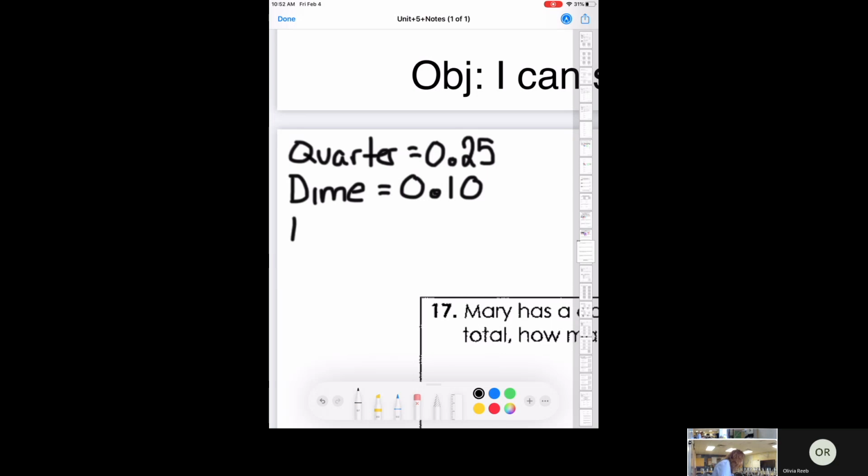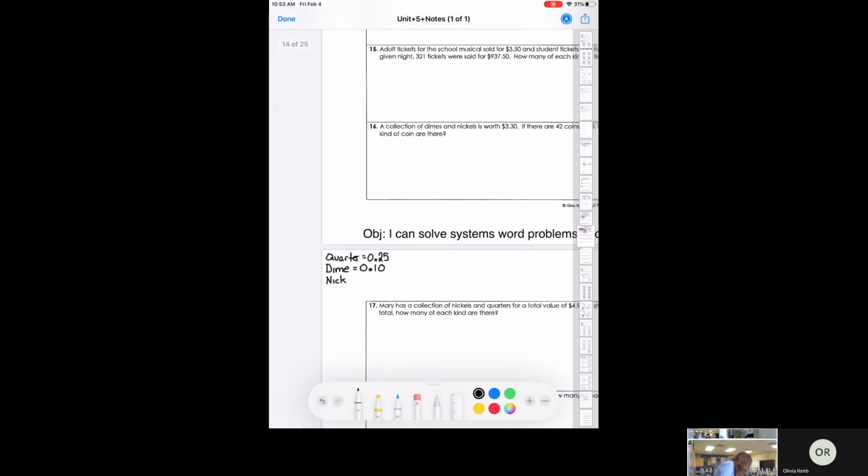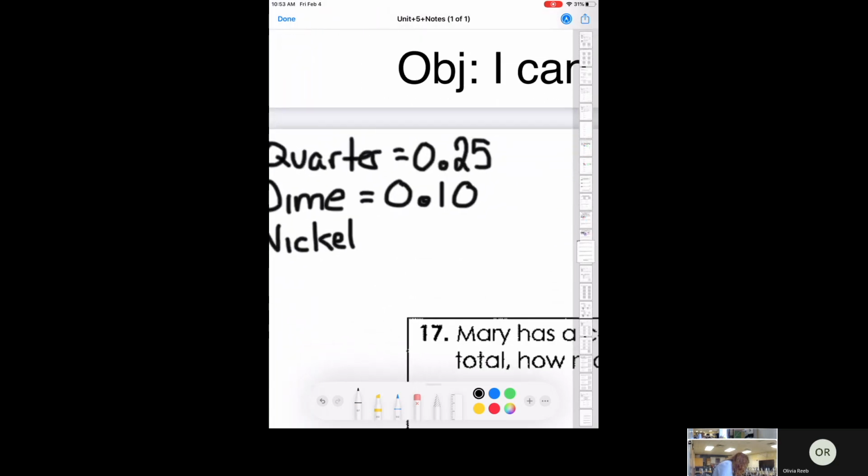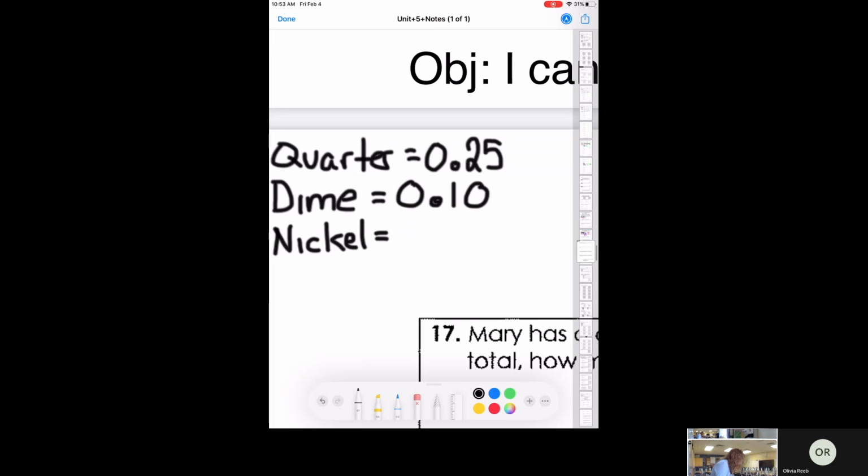A nickel, N-I-C-K-E-L, is worth 5 cents, 0.05, and a penny is worth 1 cent, 0.01.